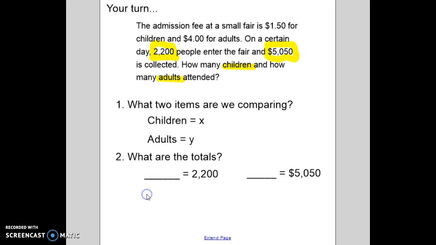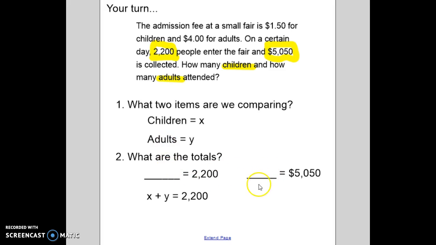So I can say that I know the number of children that came into the fair, which is X, plus the number of adults that came into the fair, which is Y, equals my total number of people that entered the fair that day, 2,200. That's one full equation that's representing the total number of people coming into the fair, both X and Y, which are my children and my adults.